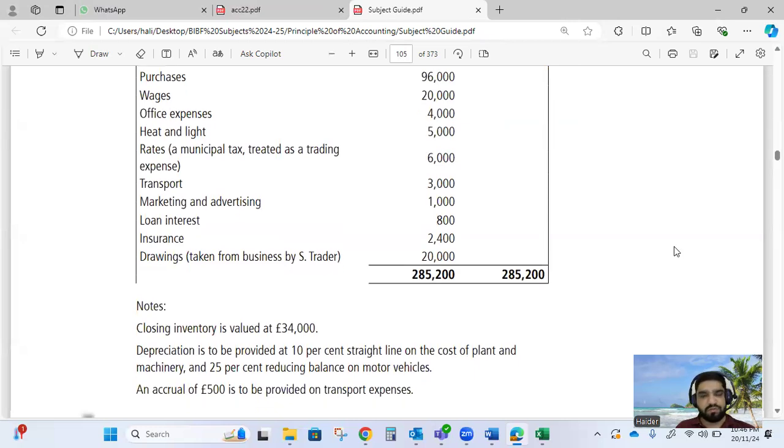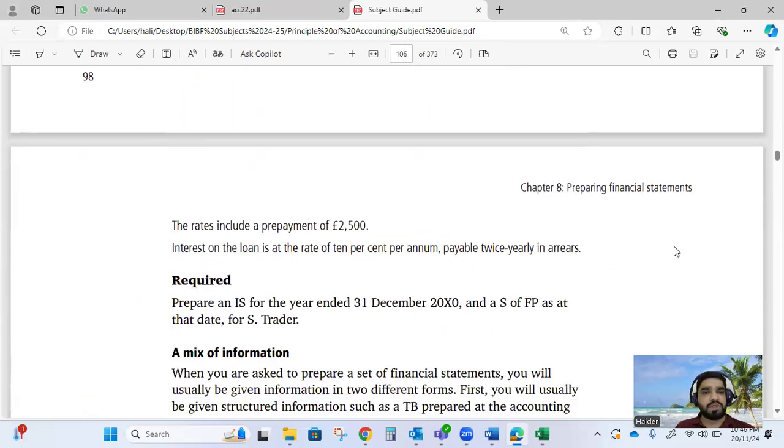And this 2,500 prepaid item should be shown in the current asset because it is a prepaid expense. And prepaid expense is a current asset item in the balance sheet. Okay. Then finally, we have this final adjustment, interest on loan at 10% per annum, payable twice yearly in arrears.